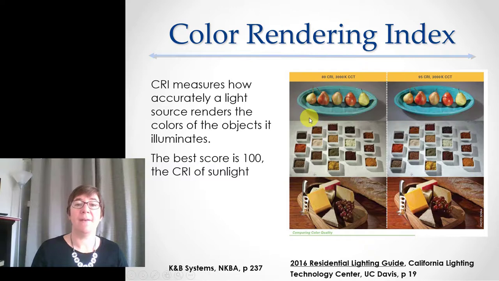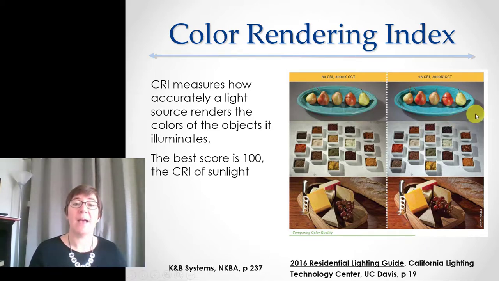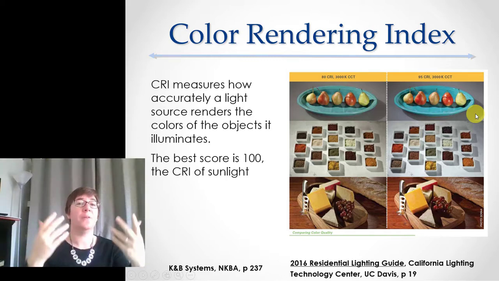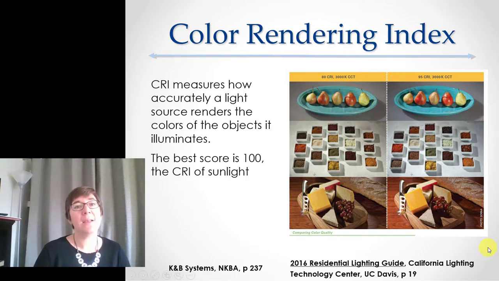Okay, on the left, the reds in those pairs are very washed out. All right, on the right, they're far more vibrant. Okay, and you'll see that with color rendering index, the first thing that you lose as you go down the scale is the reds.